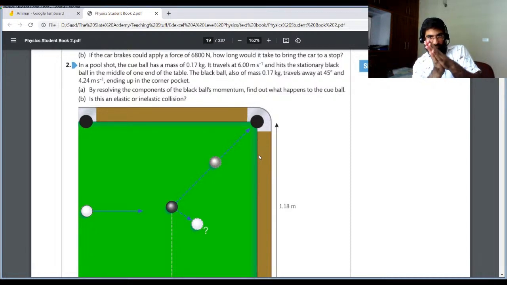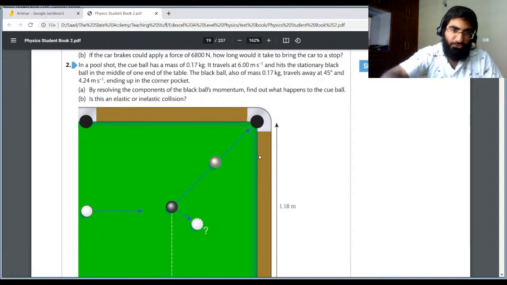Since it's happening in the middle of the table and they're exactly splitting off at 45 degrees, had the collision been in the upper half of the table, the cue ball would have hit the opposite frame, again coming down at 45 degrees. But right now at 45 degrees, it goes down into the lower pocket.